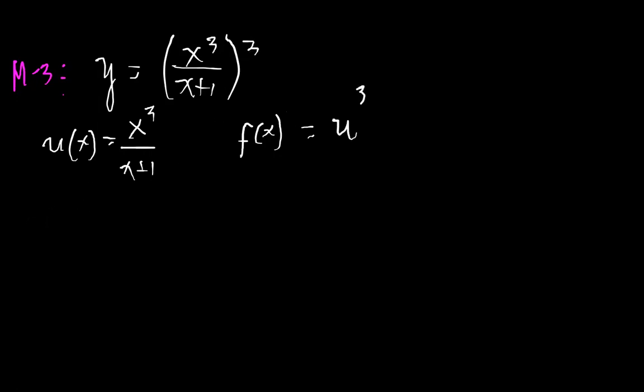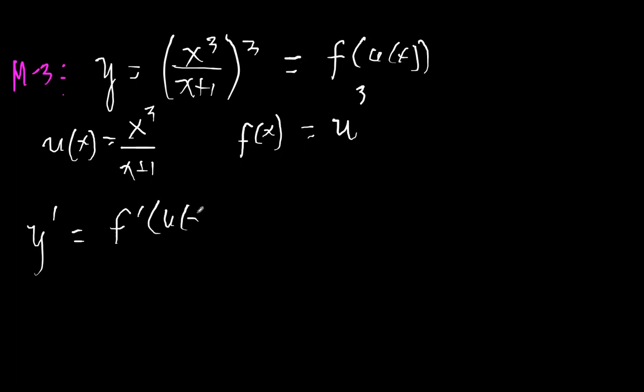So here we go. Before we do this, let's rewrite this in terms of the functions that we assigned. So f of u of x. With the use of the chain rule for the composite function, we have y prime equal to f prime of u of x times the derivative of the inner function, u prime of x.